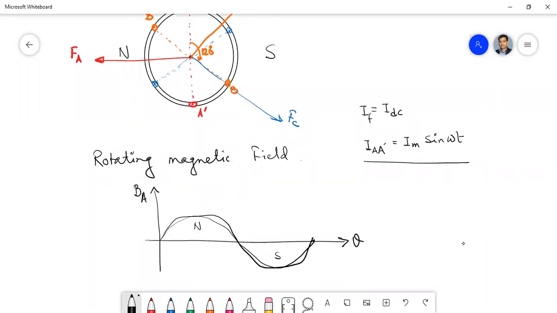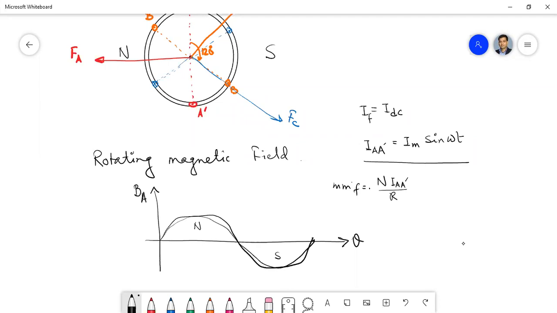Now you have already known what we mean by MMF. MMF is the number of turns. Suppose the number of turns is the same for all these coils A prime, B prime, C prime, that is N. So N into I A prime is the ampere turn, and that is the MMF. That divided by the reluctance will give you the flux, and divided by the area will give you the flux density.